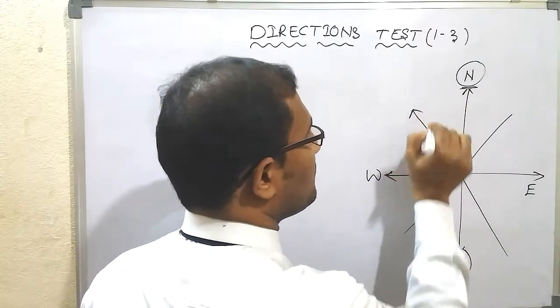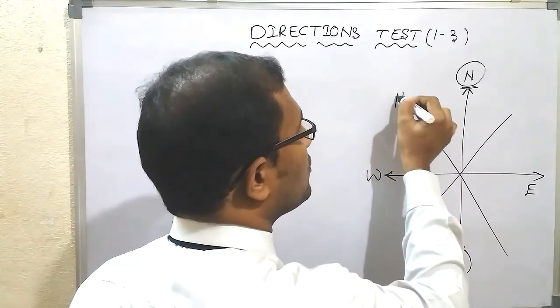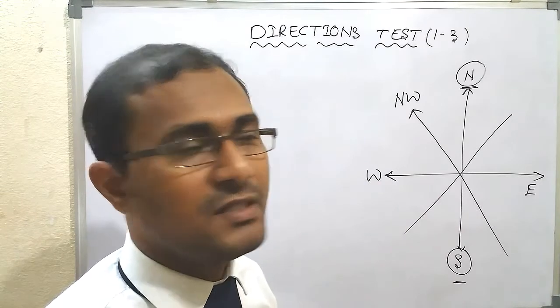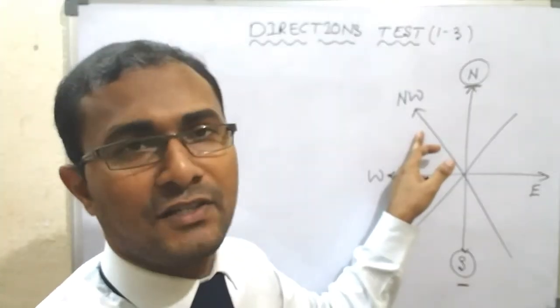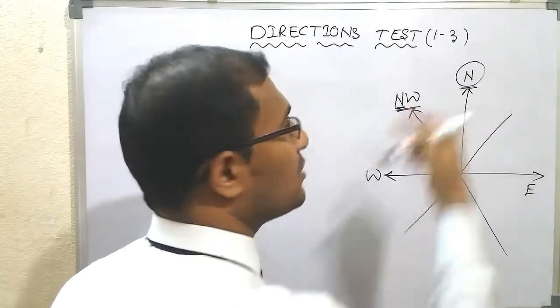The line in between north and west we have to call northwest, but not west north. Why? The naming convention starts with the pole name.